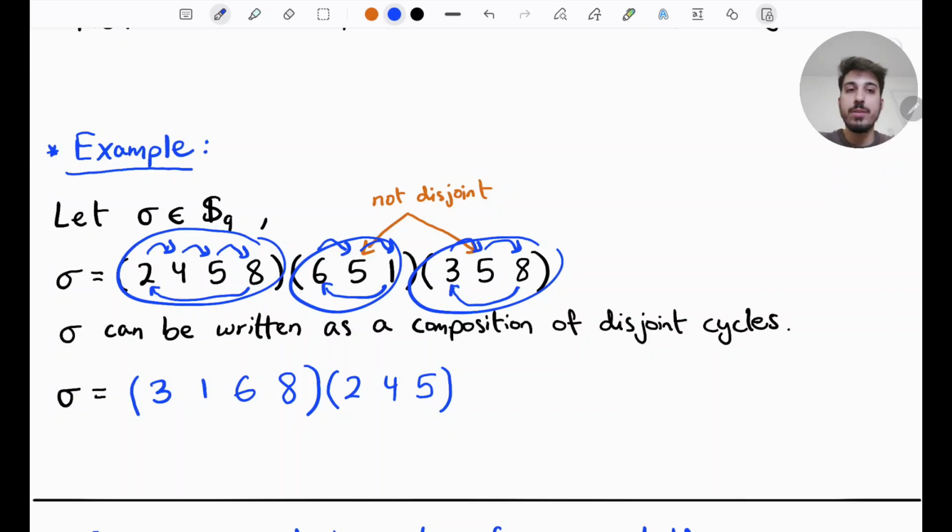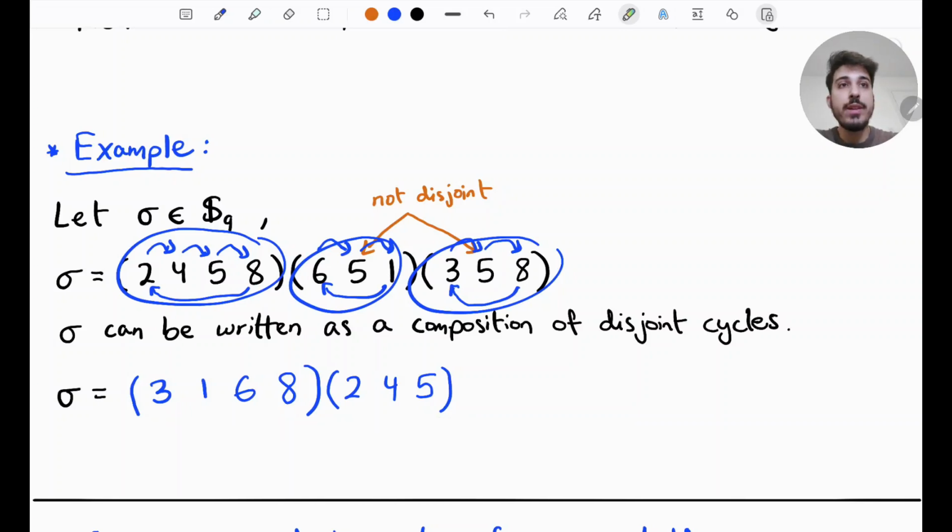So now we've covered more elements. We just have 7, which is remaining. And we see that 7 is in fact not in this list, not in this list, and not in this list. So in fact, sigma sends 7 to 7. 7 goes nowhere, so we do not write 7 over here. And that will be enough to describe all of the permutation sigma.